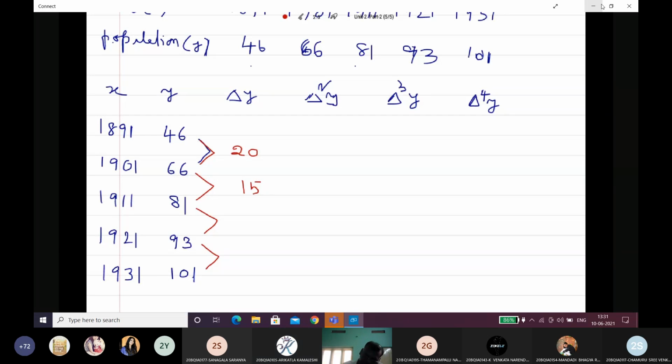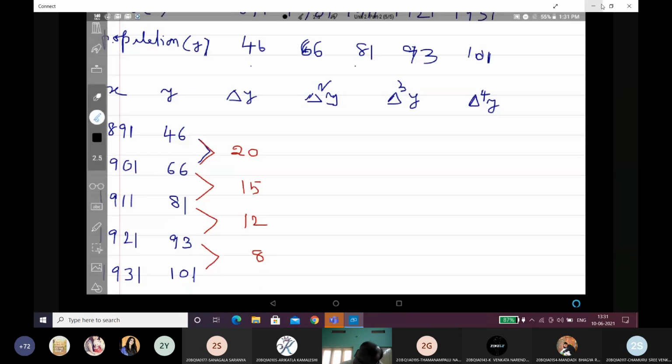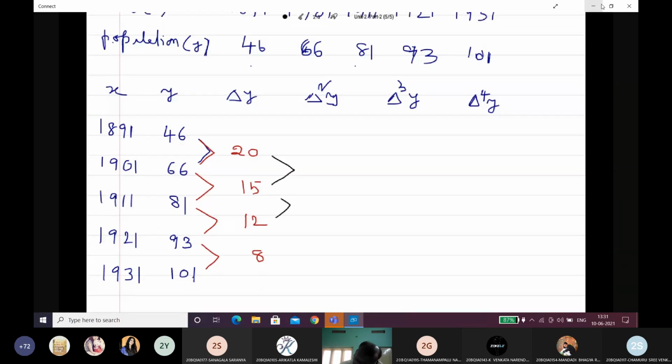Next, 93 minus 81 is 12. Next, 101 minus 93 is 8. Next, changing the color, the second differences are minus 5, minus 3, minus 4.